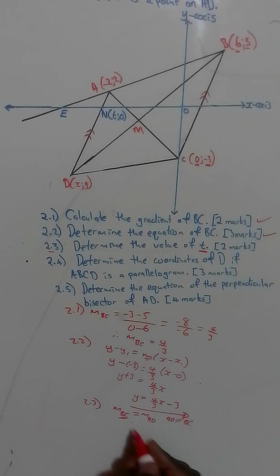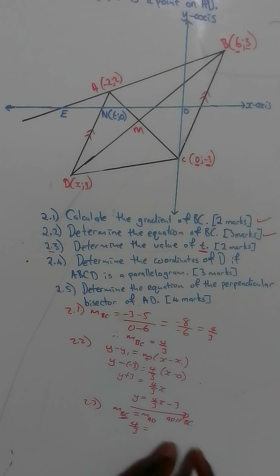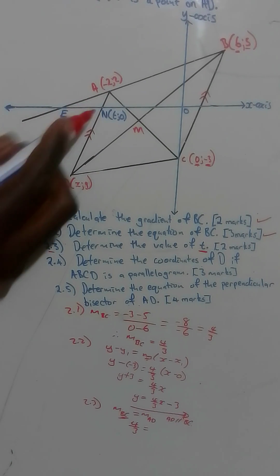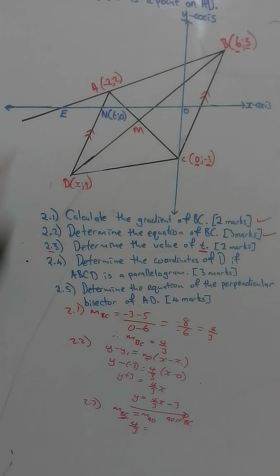So we now say 4 over 3 is equal to, we are now going to use the gradient formula. What does the gradient formula for line AD mean? We've got point A and point N here on line AD.